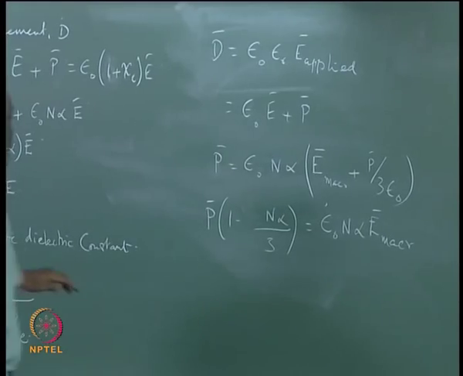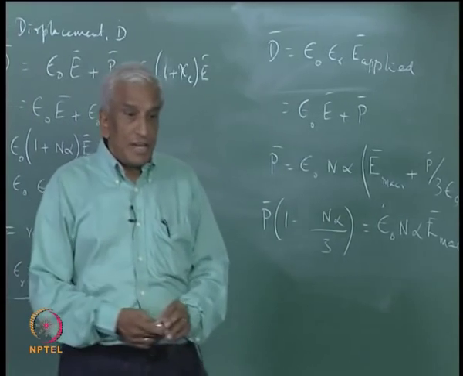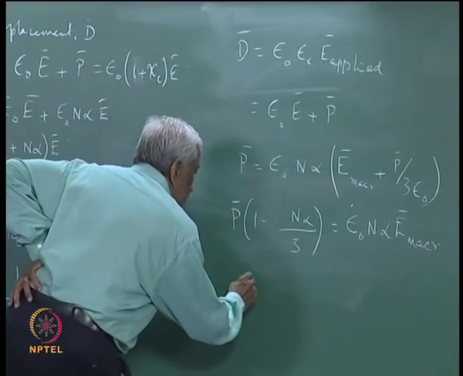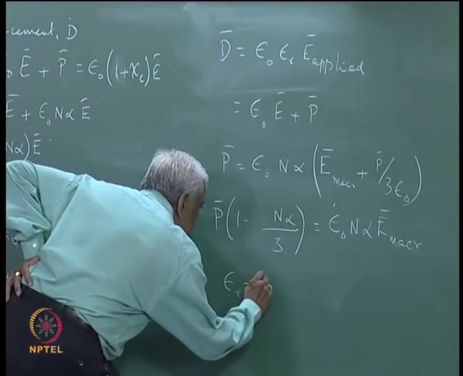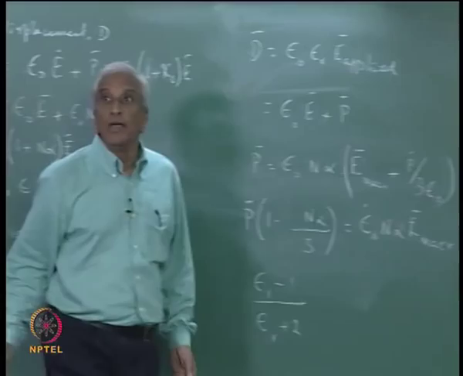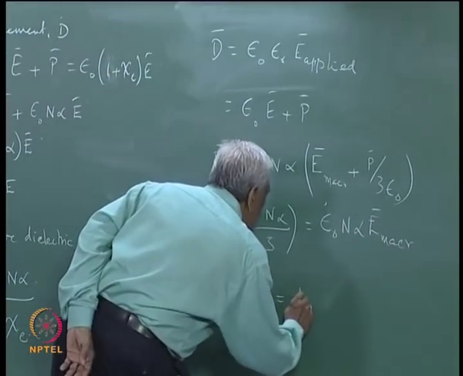Because of this we get a modification in the Clausius relation between the relative dielectric constant and the susceptibility. It is straightforward to show that epsilon r minus 1 by epsilon r plus 2 equals n alpha by 3.